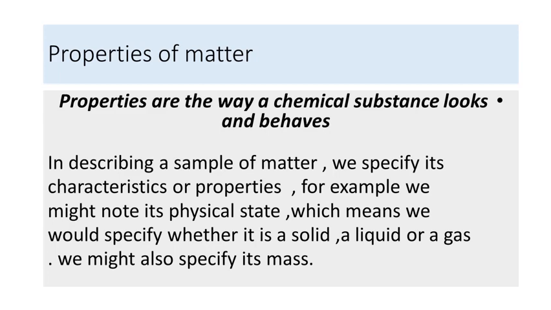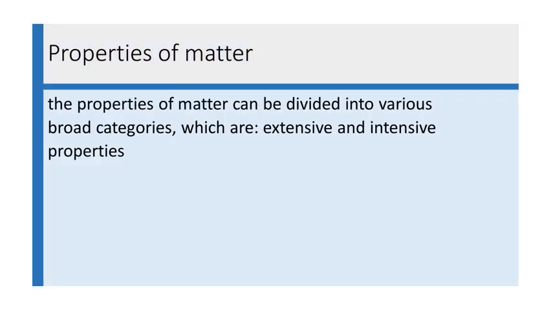For example, we might note its physical state, which means we would specify whether it is a solid, a liquid, or a gas, or we might also specify its mass. Properties of matter continues. The properties of matter can be divided into various broad categories, which are extensive and intensive properties.